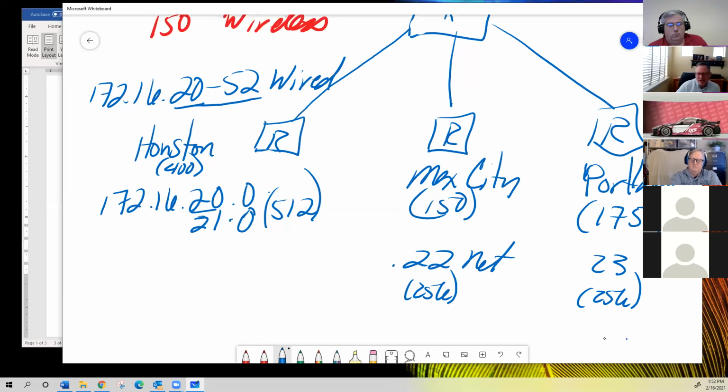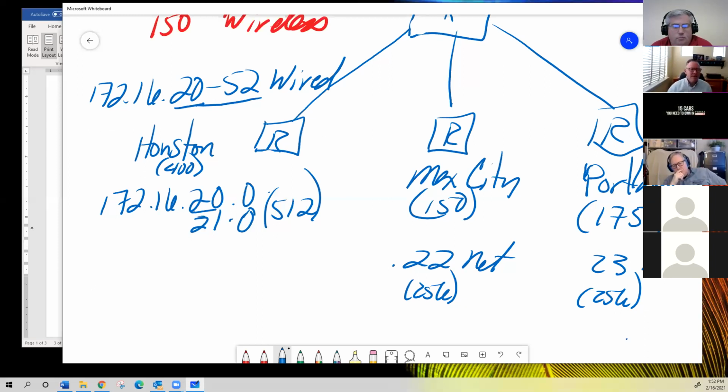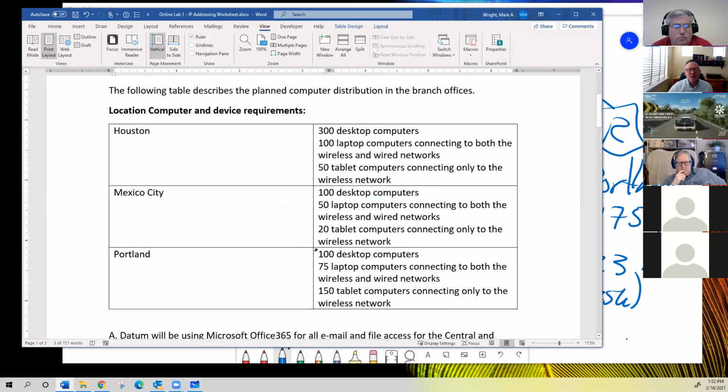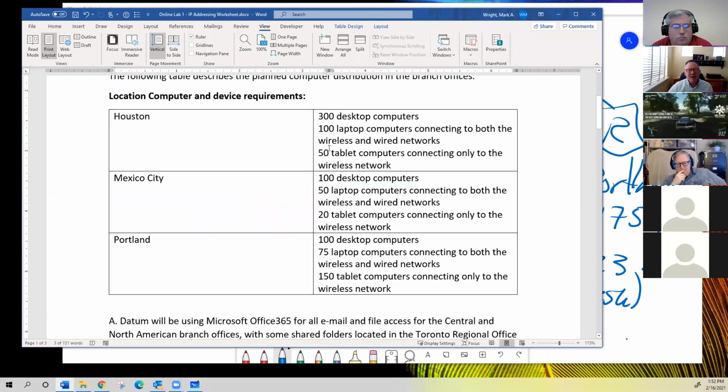Now, here's a valid functioning layout, a design for the wired. And we do the same exact thing for the wireless, but for the wireless they want you to stay between 53 and 60. When you look at these, you need 150 for wireless here, you need 70 here, and you need 225 here.